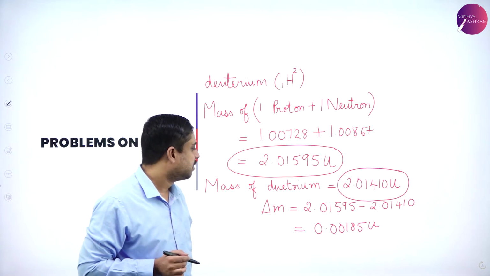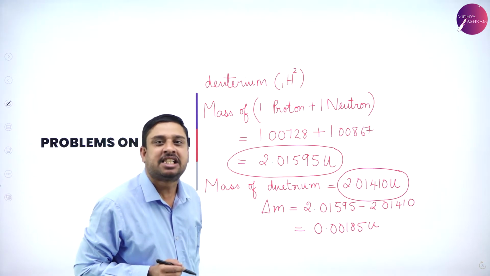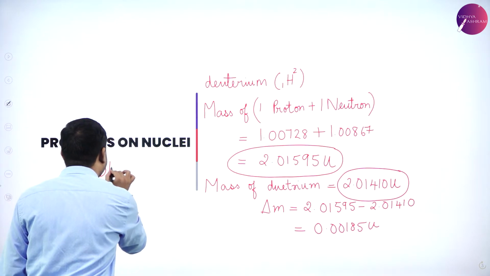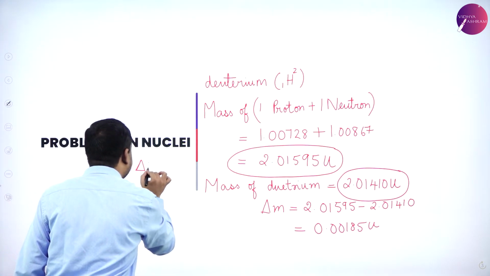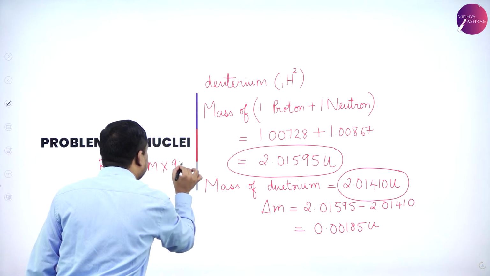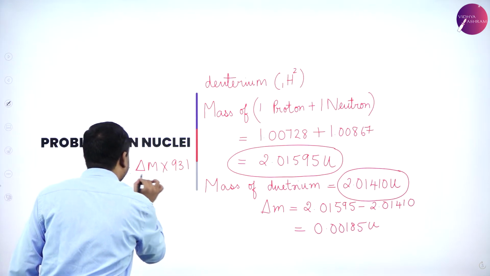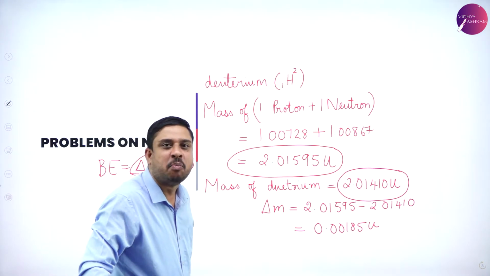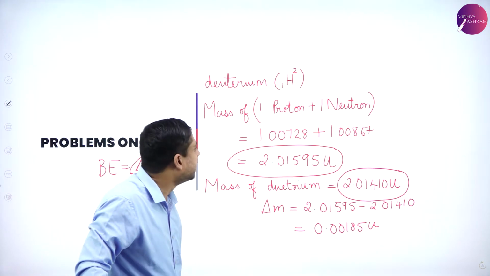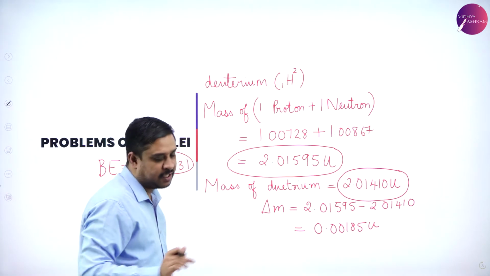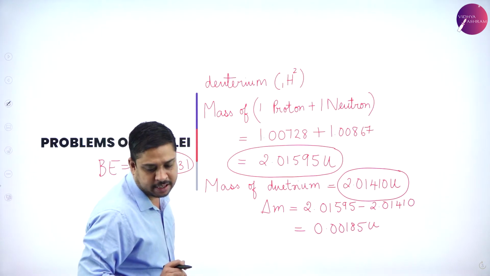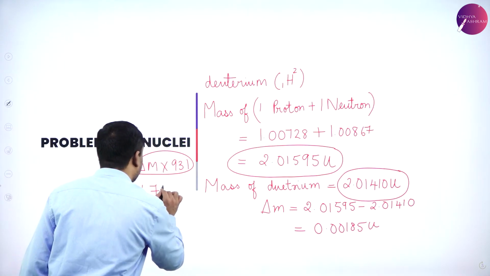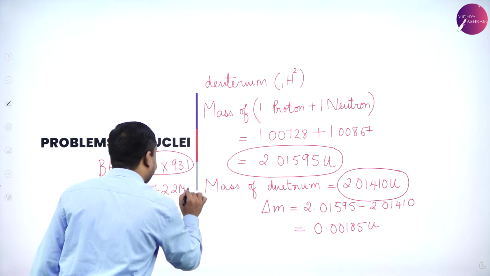Now once mass defect is calculated, what is binding energy equal to? Delta M into 931 MeV. Please know this. Binding energy is mass defect into 931 MeV, which will be 1.722 MeV.